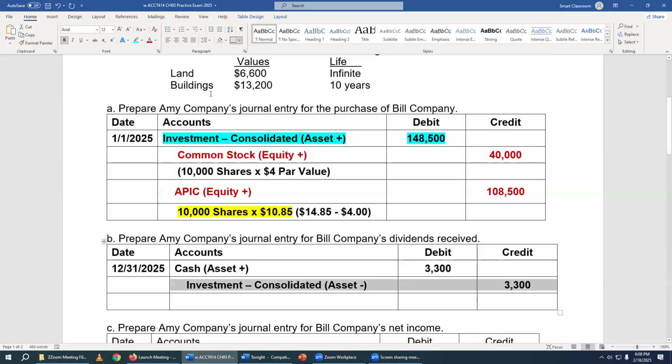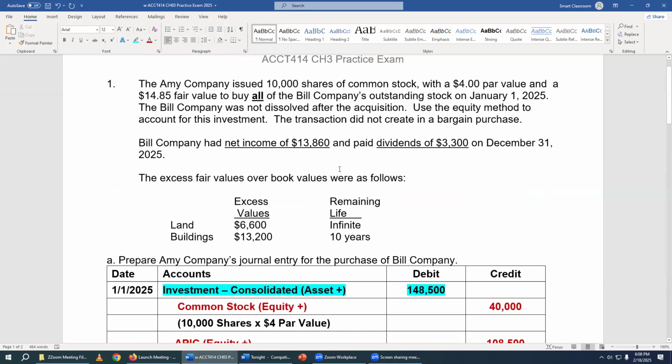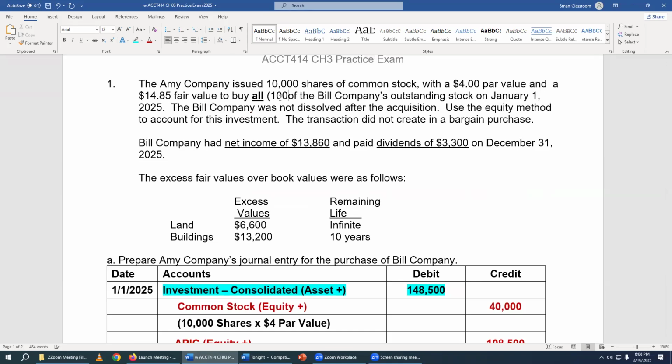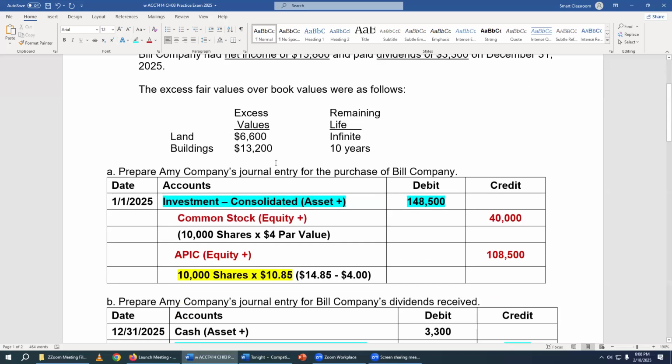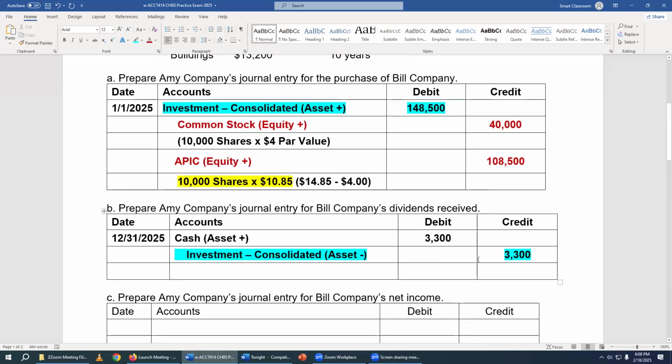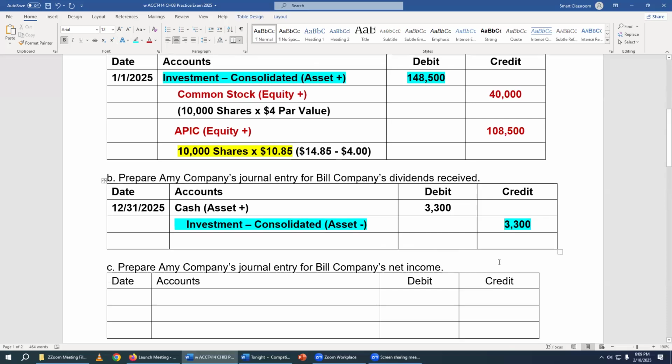Now, if you're wondering, we're not multiplying it by 10% or 20% or whatever, because we own all of it. We own 100% of it. So when they pay us, we don't feel any richer. We say, okay, well, we got 3,300 more in cash, but now this investment is worth $3,300 less.